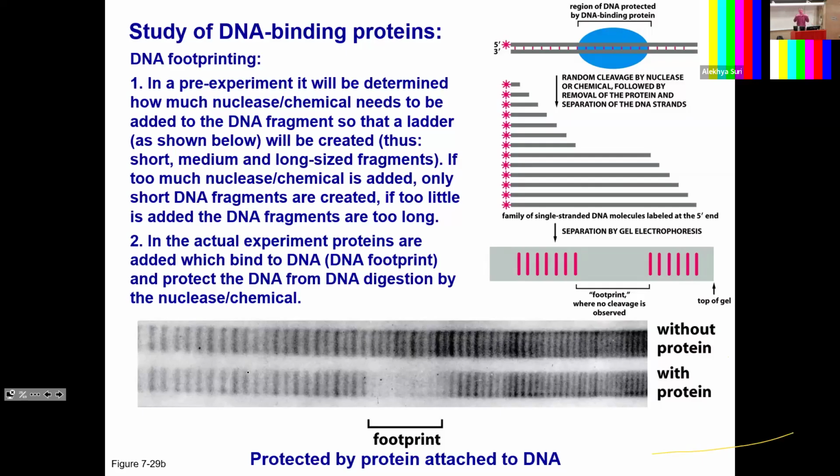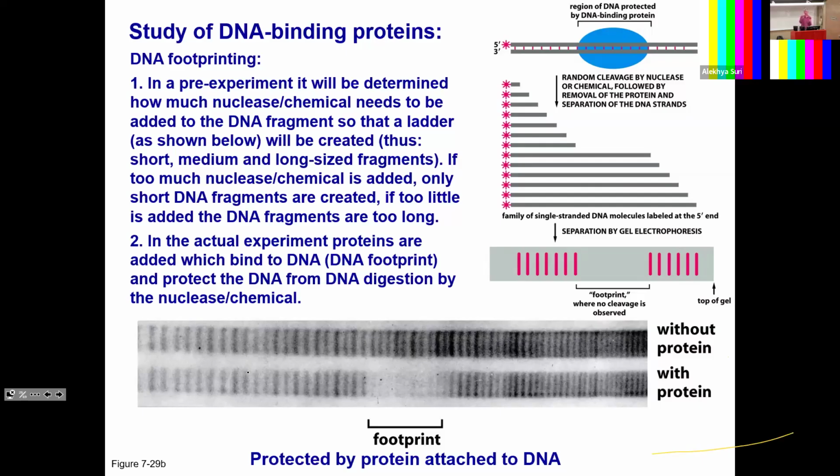If you add too much of the nuclease, you will just degrade it. If you add too little, you would see very large DNA fragments on the gel. That will not help you. With too much nuclease, you would see fragments at the bottom, but nothing in between, and at the top you would not see anything.